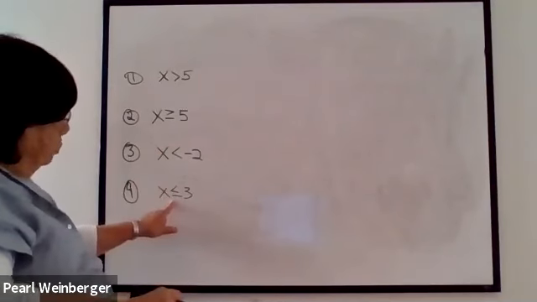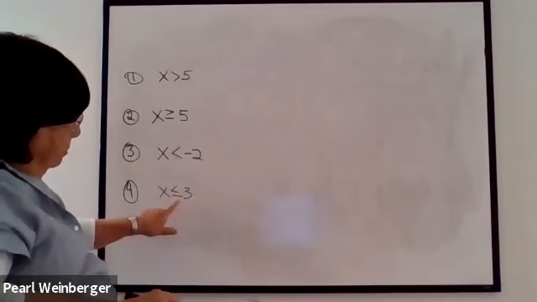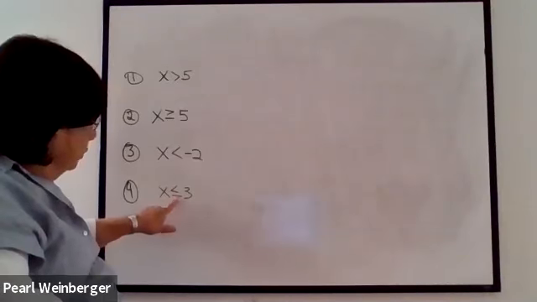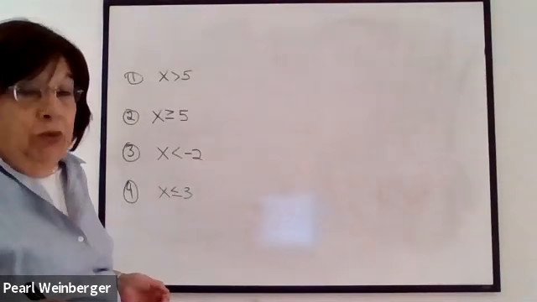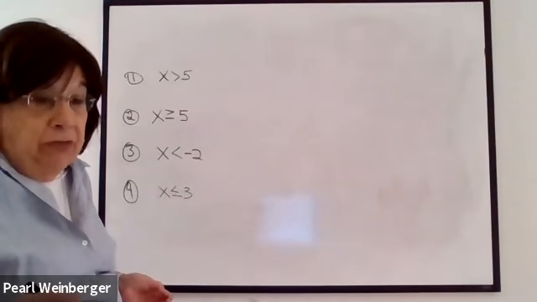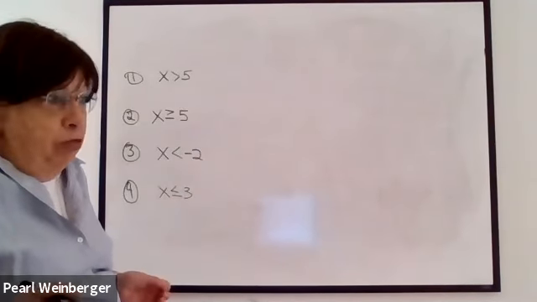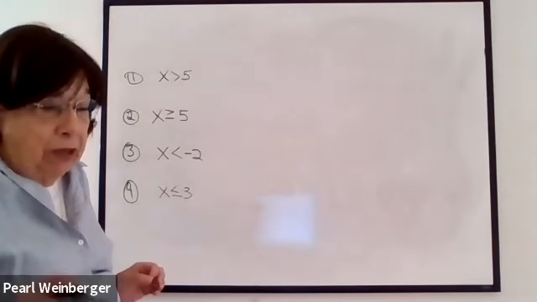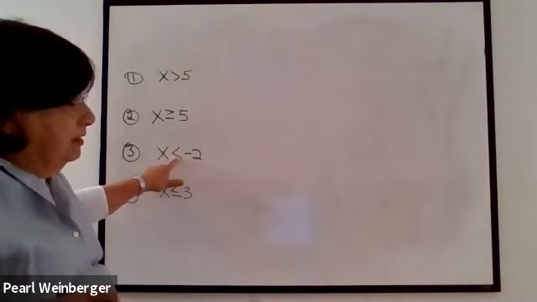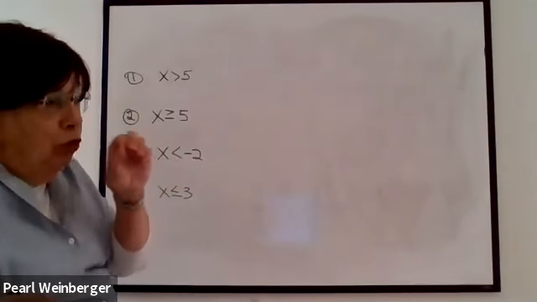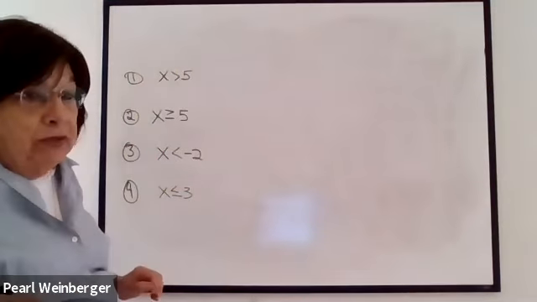The difference between a less than and a less than or equal to is when we talk about x being less than or equal to 3, we're talking about all the numbers that could be 3, or less. Whereas if I say x is less than -2, I don't include -2. -2 is not included.